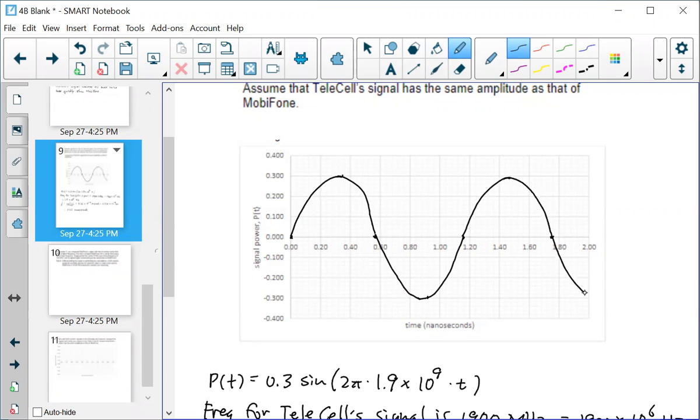All right, and that is Mobiphone. And let me just do a different color here. We'll go to red and draw the next graph.